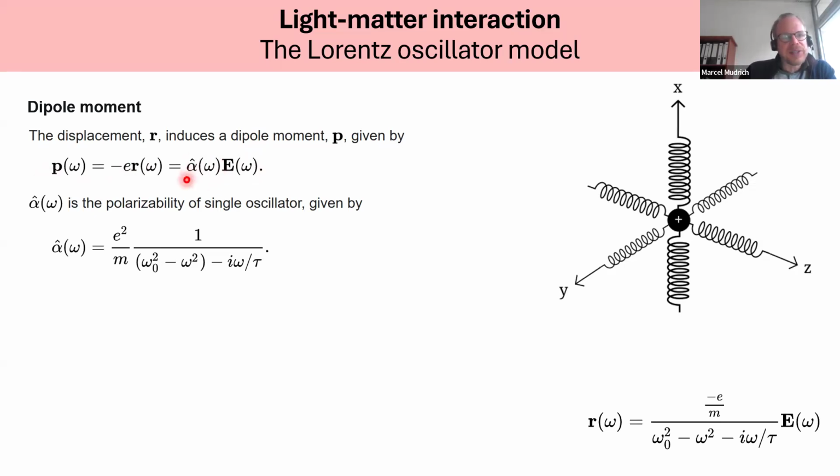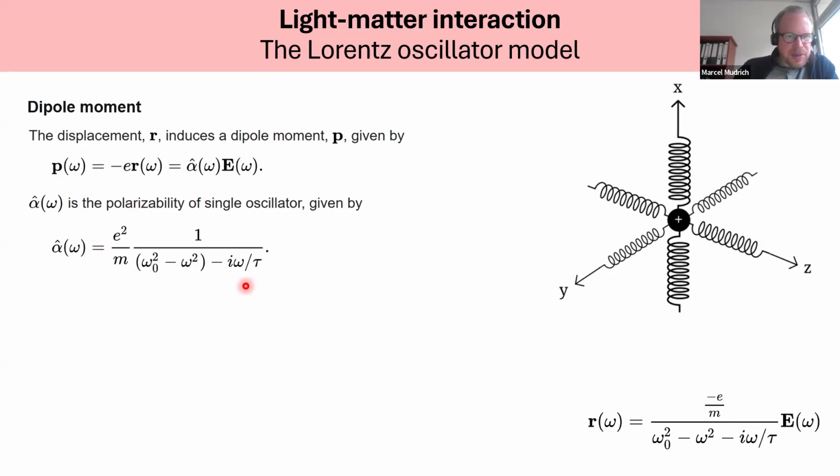So alpha is the quantity that tells us how strong the dipole moment is when we apply a certain electric field, right? If the particle is highly polarizable, it means alpha is large, meaning that applying even a small electric field will give us a large dipole moment, right? That's what the polarizability tells us.